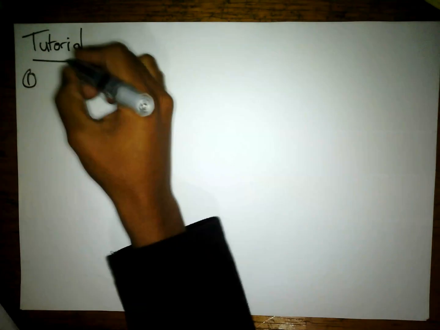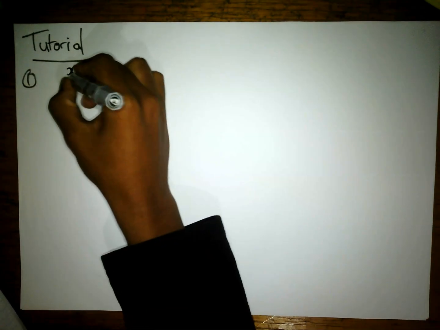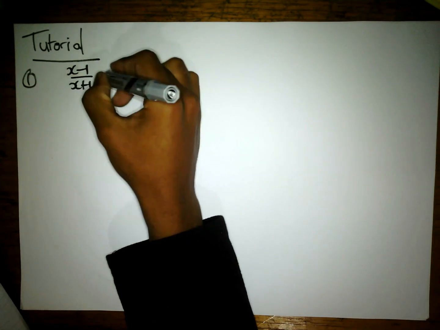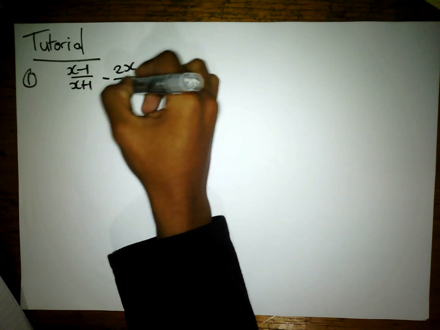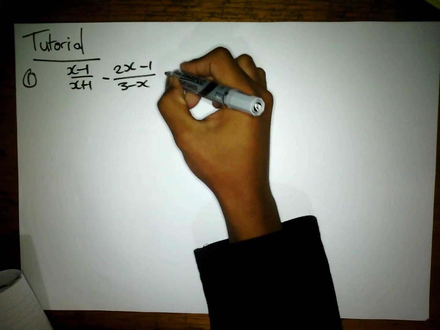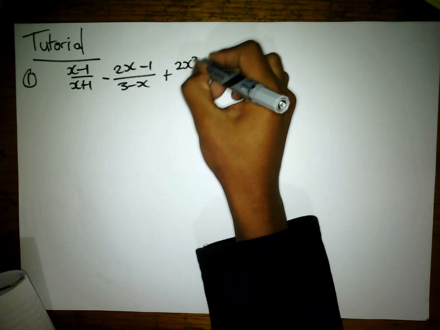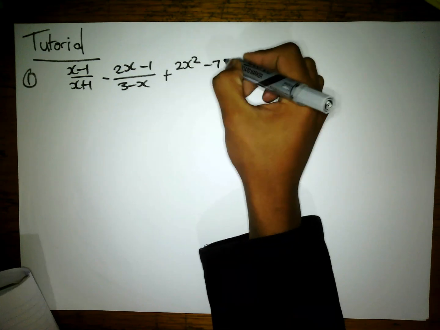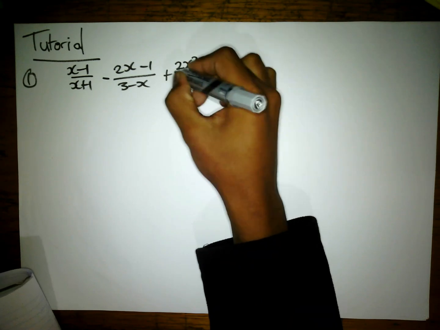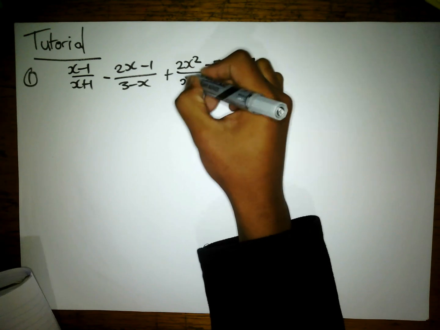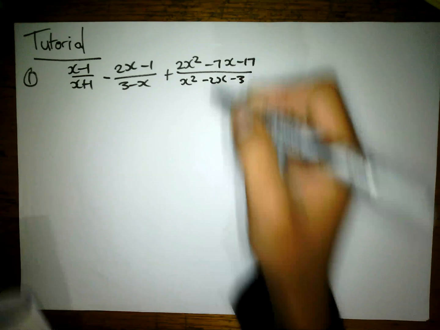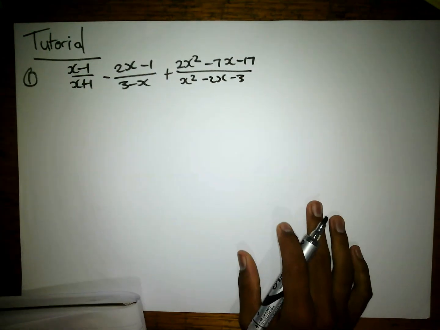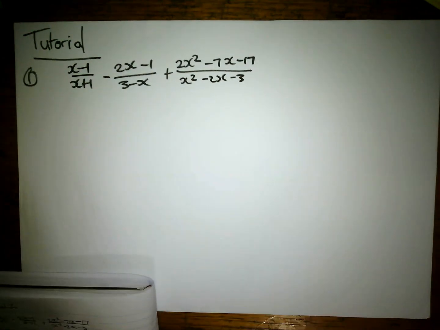Okay, so (x minus 1) over (x plus 1), minus (2x minus 1) over (3 minus x), plus (2x squared minus 7x minus 17) over (x squared minus 2x minus 3).